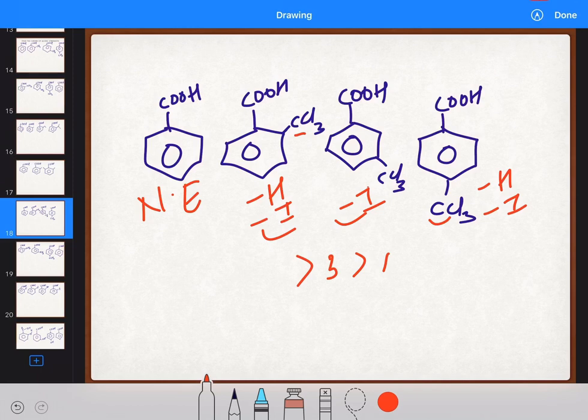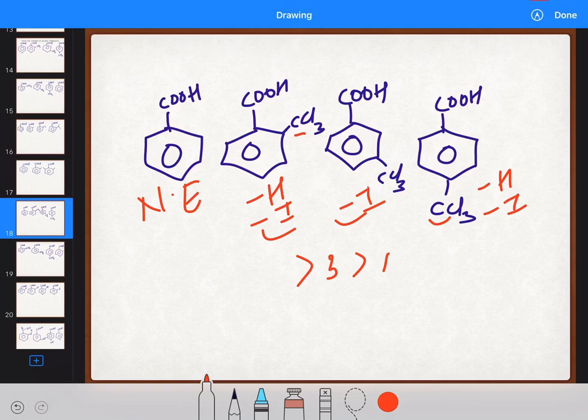Now see what will happen. Second and fourth. Minus H is common in the second one and the fourth one. But minus I is distance dependent, and the minus I of the second will be more than the minus I of the fourth. Then the stability of the second one will be more than the fourth one.